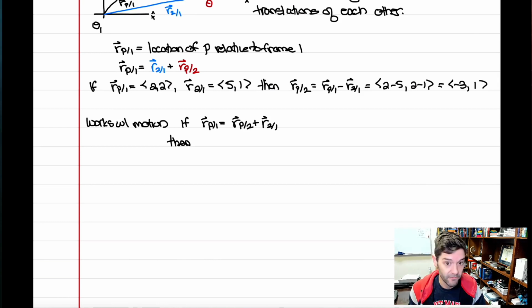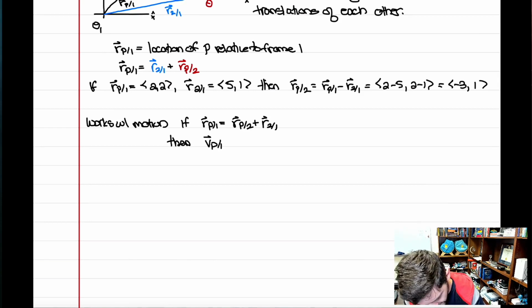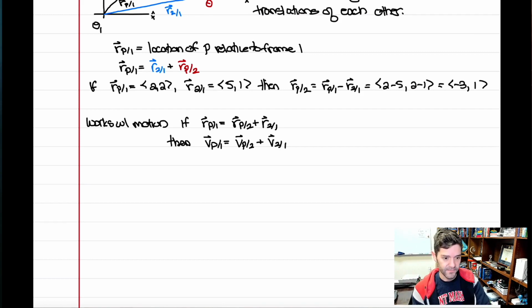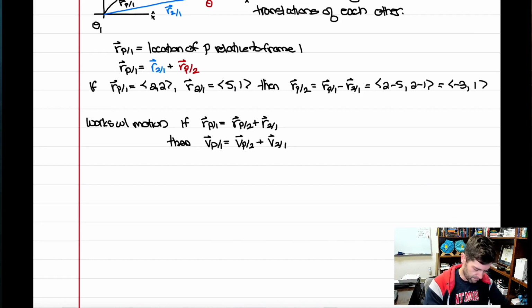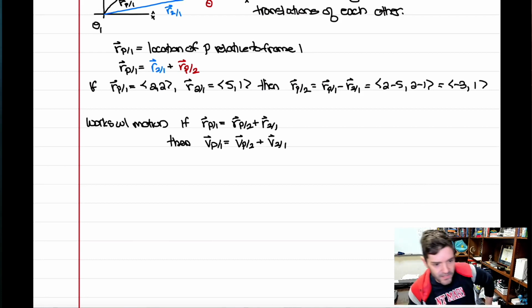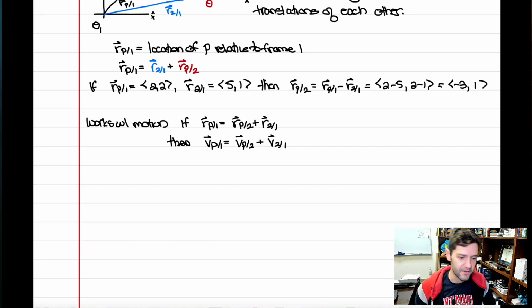And if I call the derivative position velocity, that says the velocity of the particle as seen from 1 is the same as the velocity of p as seen from 2 plus the relative motion of the two reference frames. Maybe person 1 is standing on the ground, maybe person 2 is in a train that is moving to the right at a constant speed. That train, v of 2 over 1, would be the relative motion between the two frames.